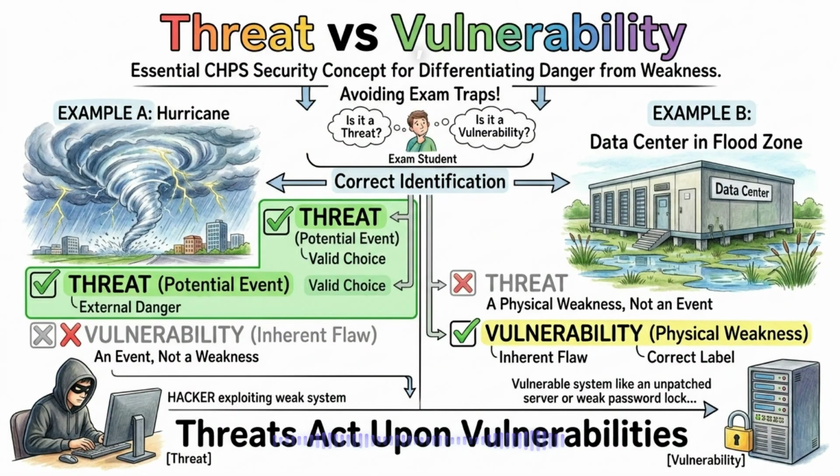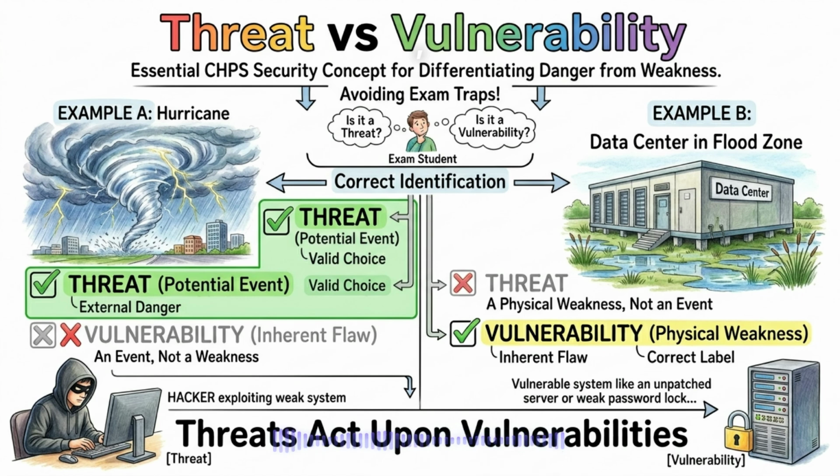A vulnerability, on the other hand, is an inherent weakness or flaw within your system, network, or physical facility. For example, a severe hurricane is a threat, while a data center built in a flood zone with poor drainage is a vulnerability.